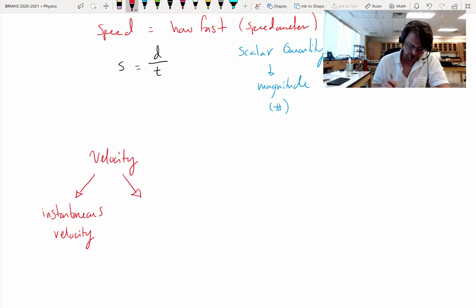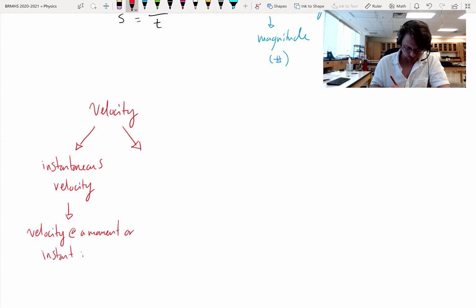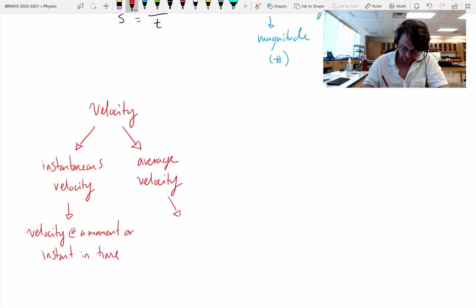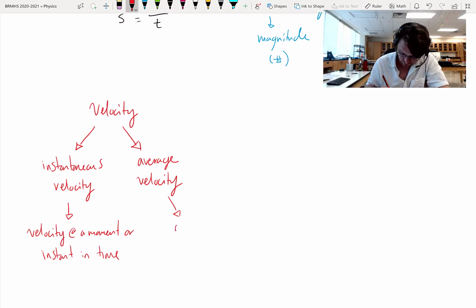Just remember right now, instantaneous velocity means the velocity at a moment or instant in time. Or we could have average velocity, which would be the average velocity over a duration or period of time.